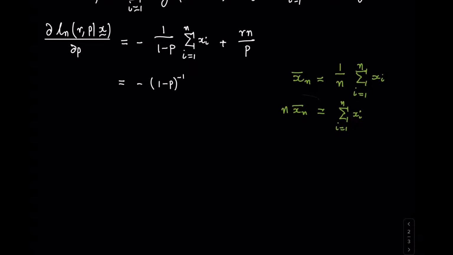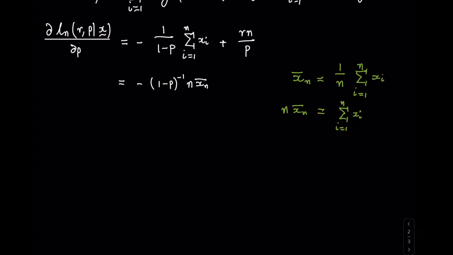So, keeping this in mind, I'm now going to rewrite our sum of i equals 1 to n simply as n x bar n. That's just for added simplification.